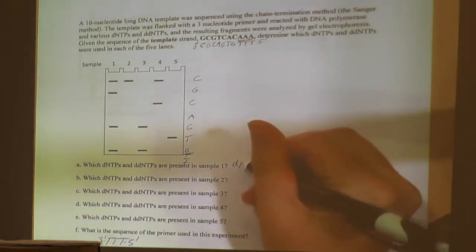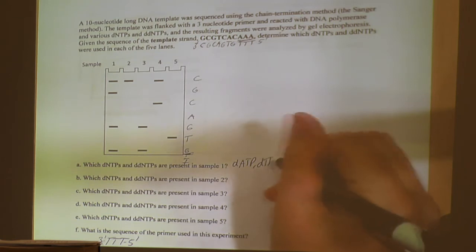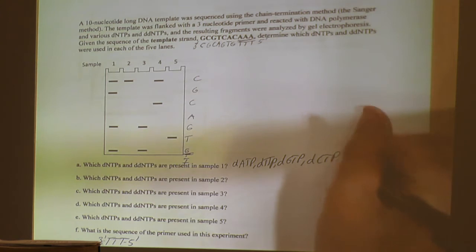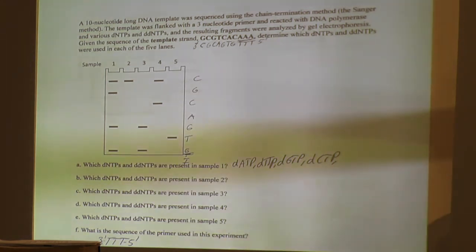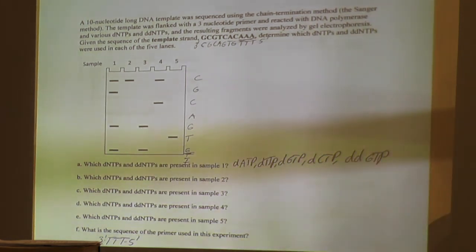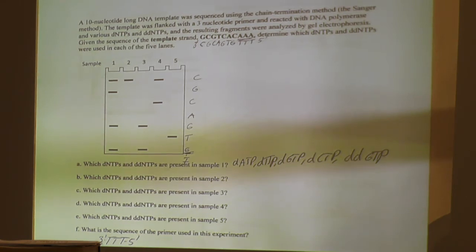So it has dATP, dTTP, dGTP, dCTP, and where does it always have a line? So it always has a line at G. So which dideoxy does it have? I heard it, but I don't know who said it. It would be ddGTP. Okay? And then you kind of go through that deductive reasoning for all of them.